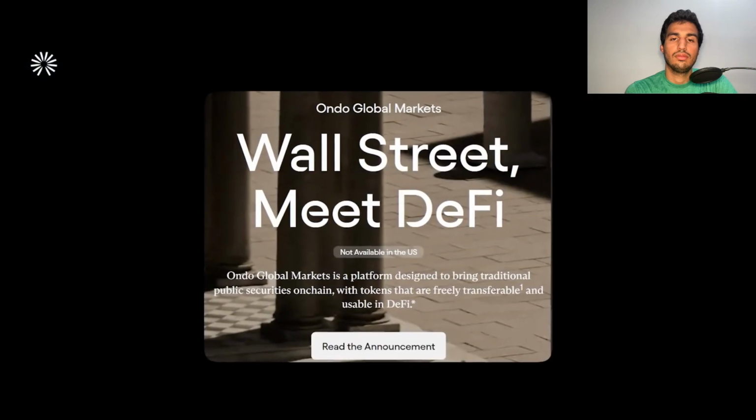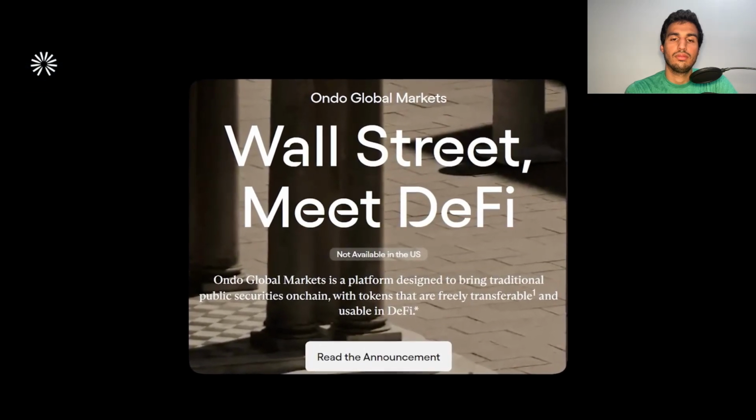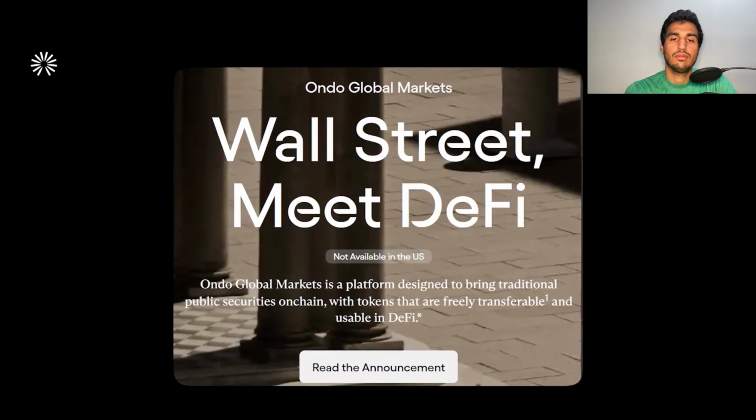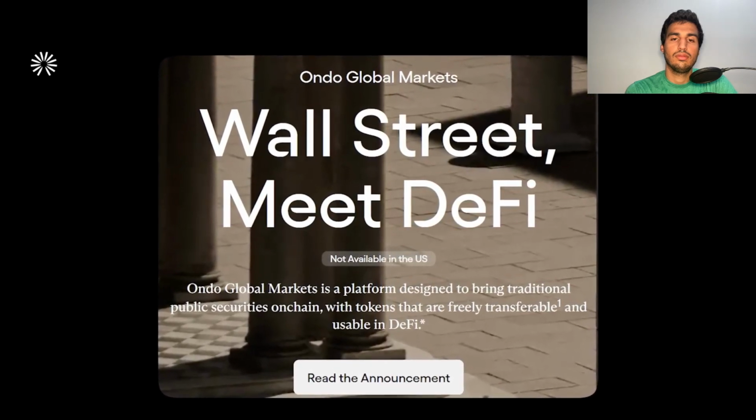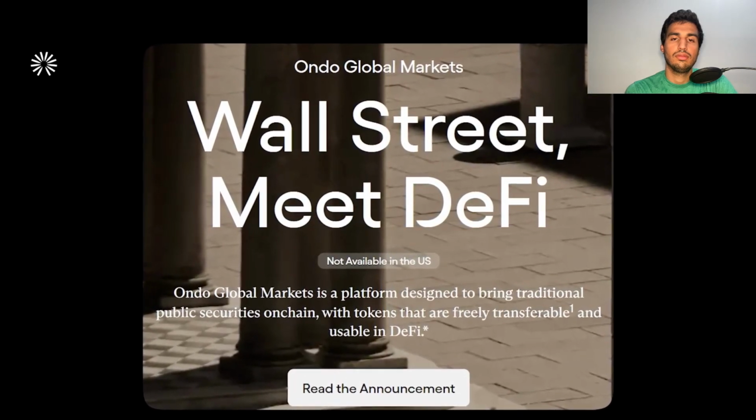So we've got a pretty good track record of issuing tokenized assets in a novel way, in a way that protects investors, in a way that assets can pay out yield. That works still in DeFi, and we're about to launch our Ondo Global Markets platform for tokenized stocks and ETFs. That is going to be another meaningful innovation into the space.